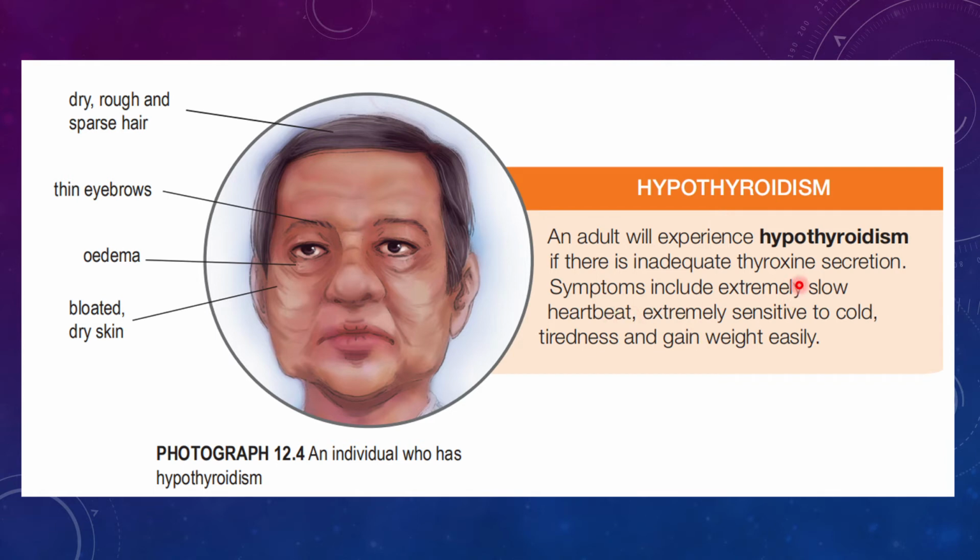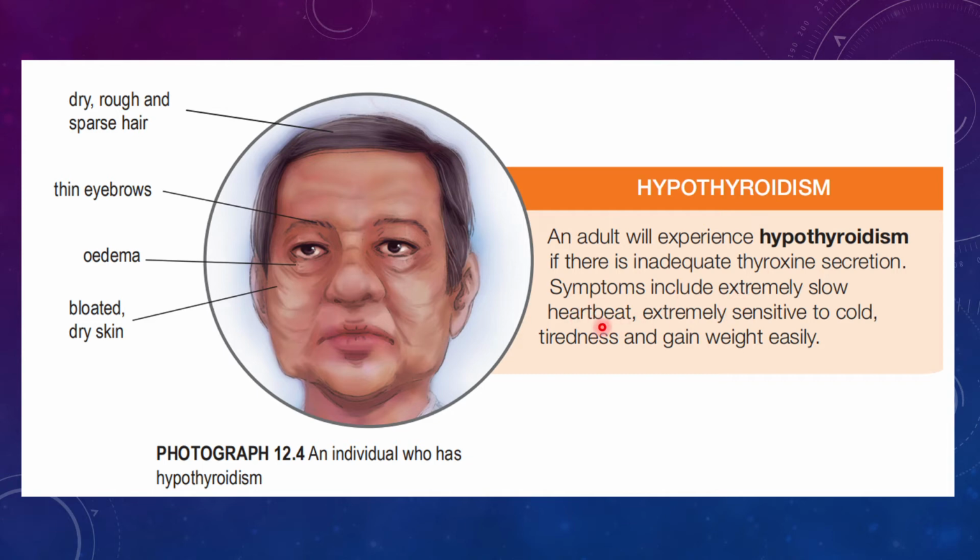So again, you might need to look back at the function of thyroxine. It functions in regulating the metabolism of the body. So now this patient is having a very low metabolic rate.